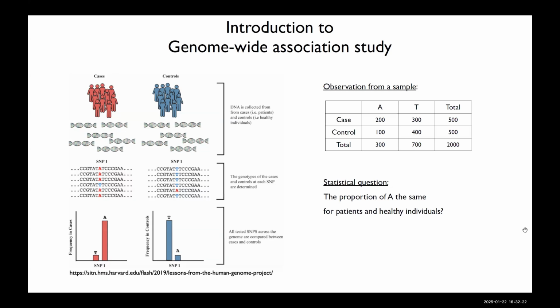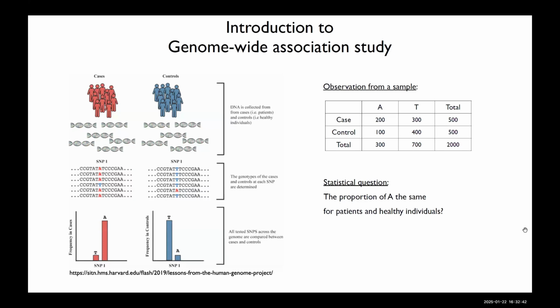To turn this into a statistics problem, we ask whether the proportion of A in the case individuals, the individuals with disease, differs from the proportion of A in control individuals, the healthy individuals.